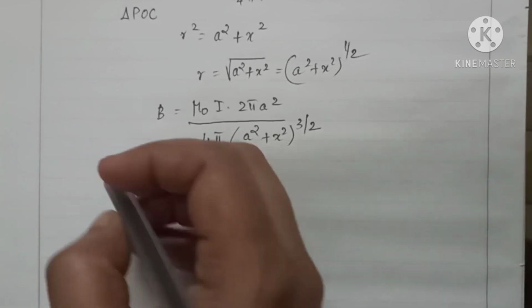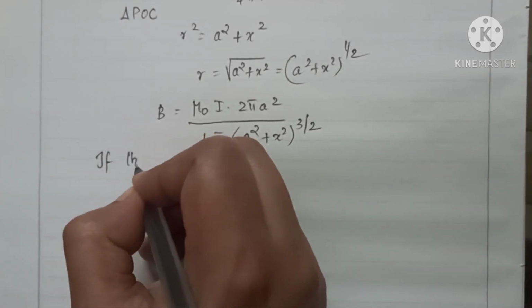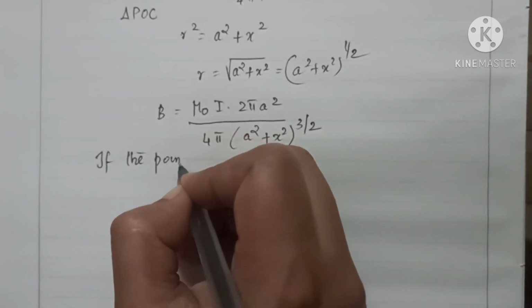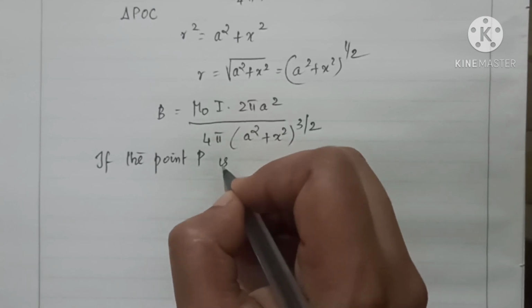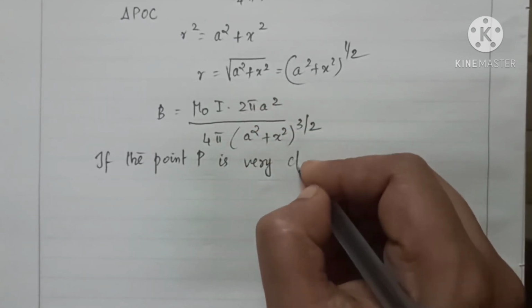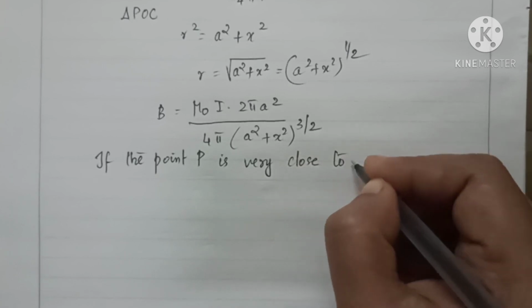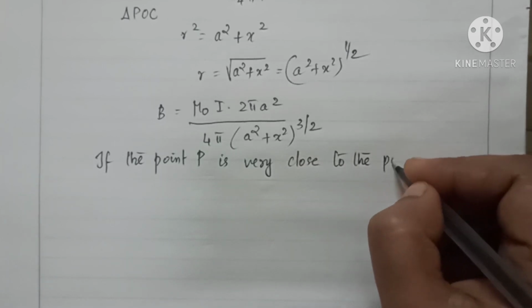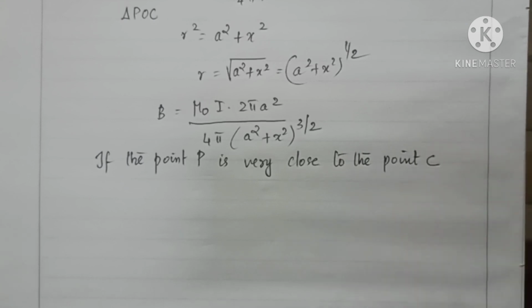And a condition, if the point P is very close to the point C, that is, if the point P that we have considered along the axis is very close to the center C. What about the distance between the point and the center C?